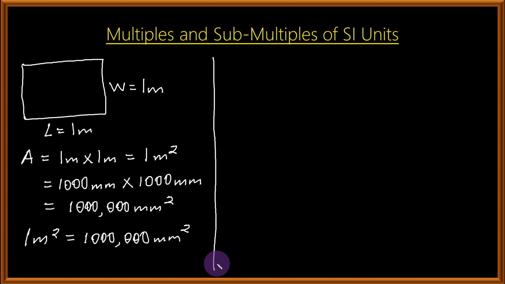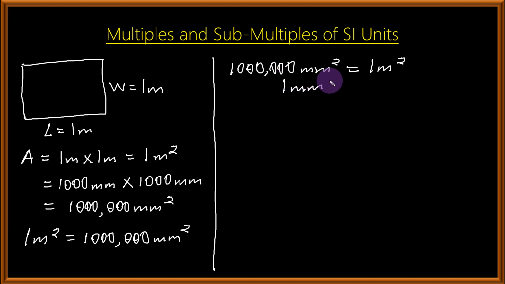Now there is something else here that I want us to familiarize ourselves with. I can start with 1 million millimeters squared being equal to 1 meter squared, and then I want to express 1 millimeter squared in meters squared.